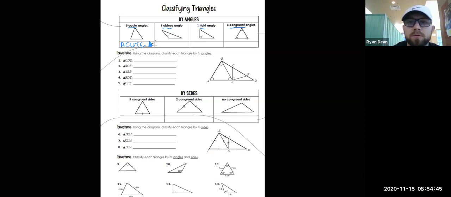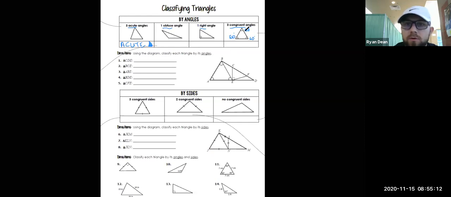Now, with acute triangles, there's a very special kind of acute triangle, and that is in the case where all three angles in the triangle are congruent. So what that looks like is all angles are 60 degrees. Okay, this is a very special case of classifying triangles by their angles, and it's a very special case of acute triangles.